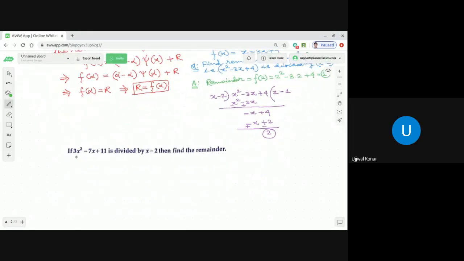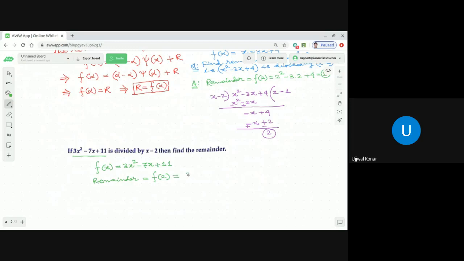No problem, never hesitate. So what is f(x) here? f(x) is equal to 3x square minus 7x plus 11. Now we need to find, when this f(x) is divided by x minus 2, what is the remainder? So remainder is nothing but f(2).